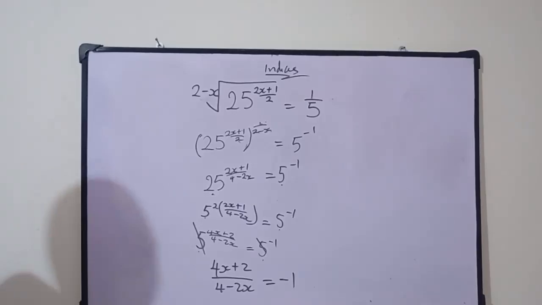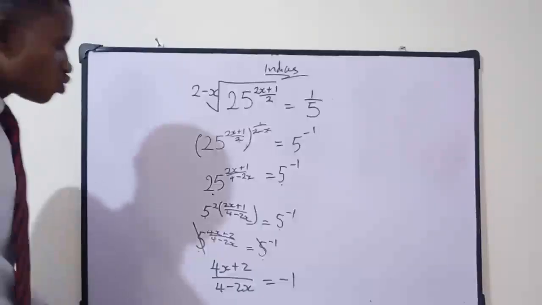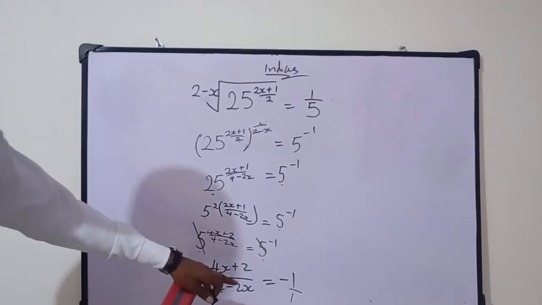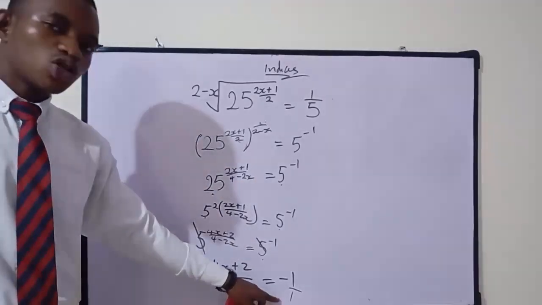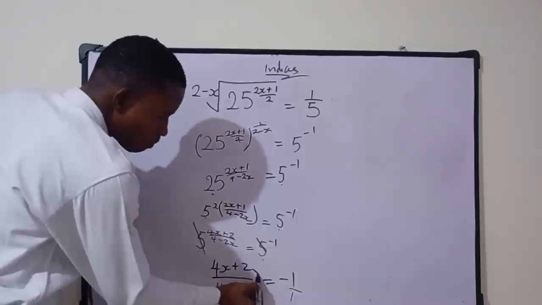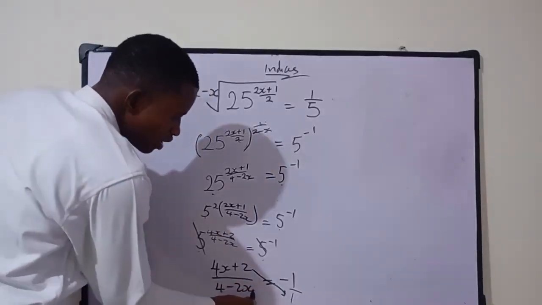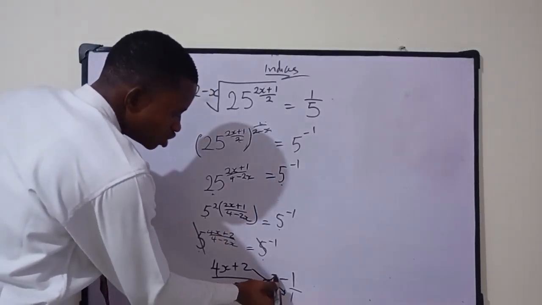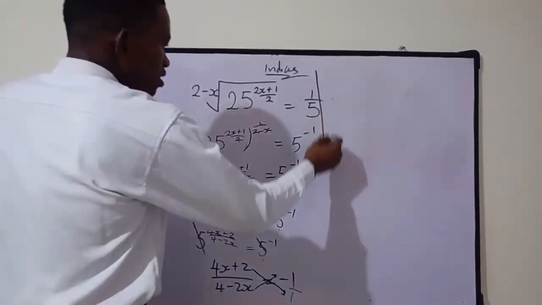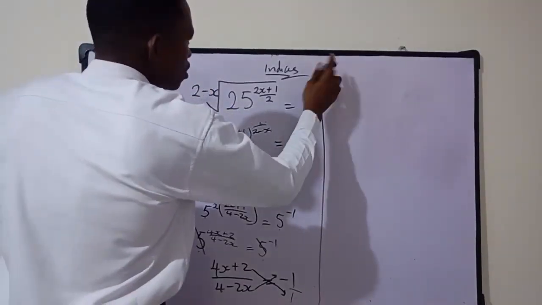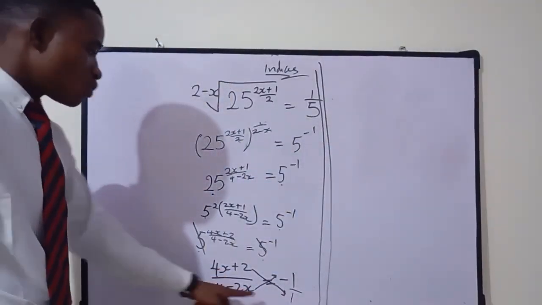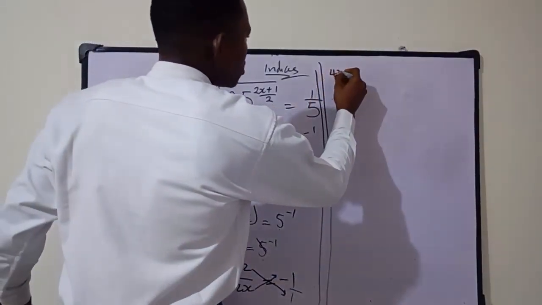Alright, so having this now, we can then cross multiply. To cross multiply, we just put over 1 here to make it a fraction. Now that it is a fraction, we can cross multiply. We say everything on top multiplied by the denominator here, the denominator multiplied by the numerator here. So multiplying this now, we have 4x multiplied by 1, that gives us 4x.